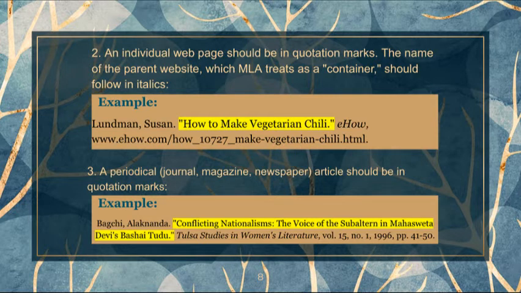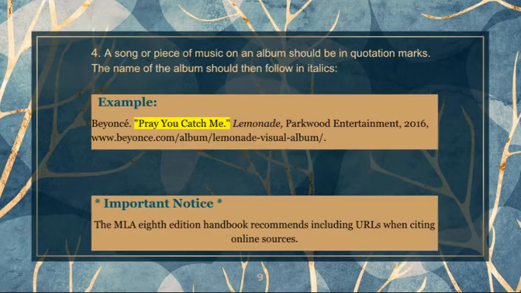No pun intended. Now, for your third example here, when we are looking at periodicals, this would include journals, magazines, newspapers. These types of articles should be included in quotation marks, as you can see from the third example. Moving on to the fourth and final example, when you are citing a song or a piece of music on an album, you will also want to make sure you use quotation marks.